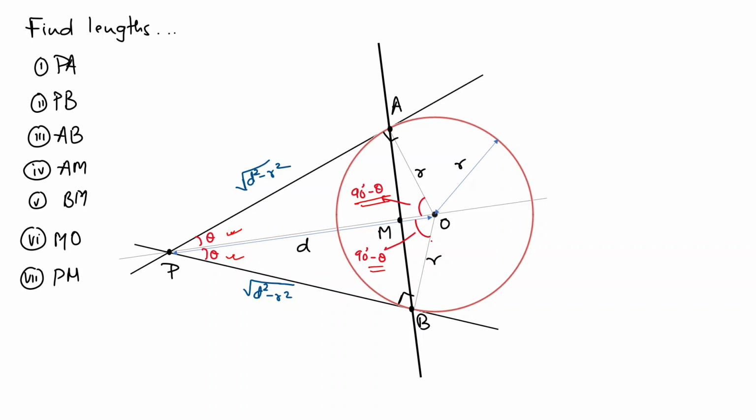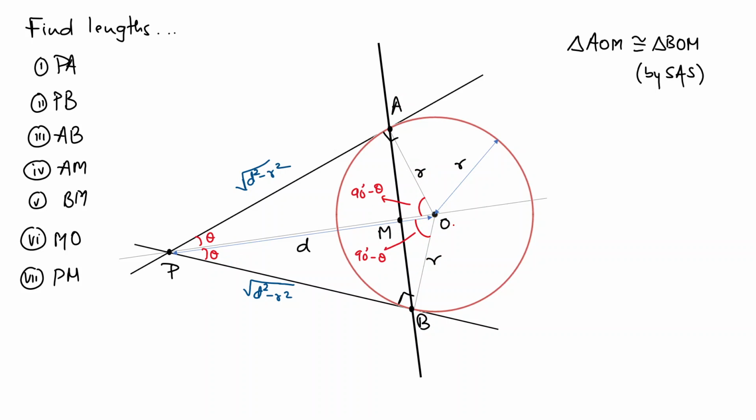And okay, let's see. So we are going to think about these smaller triangles, AOM and BOM. So this triangle and this triangle. Okay, so what can you see here? You can see that the R is equal, you can see that this side is common, and you can see that the angle between these two equal sides is equal.